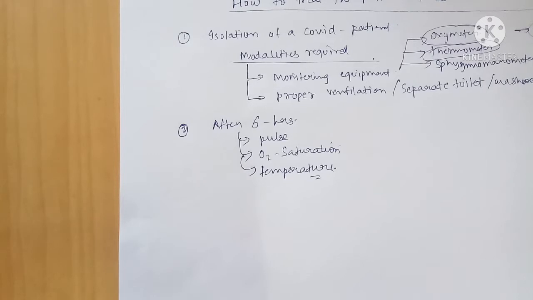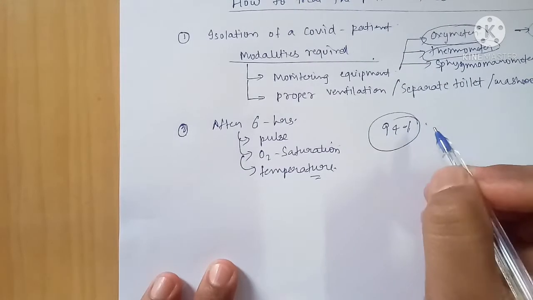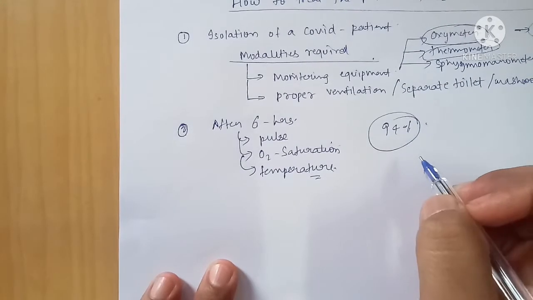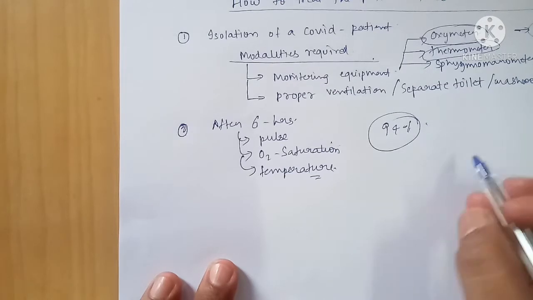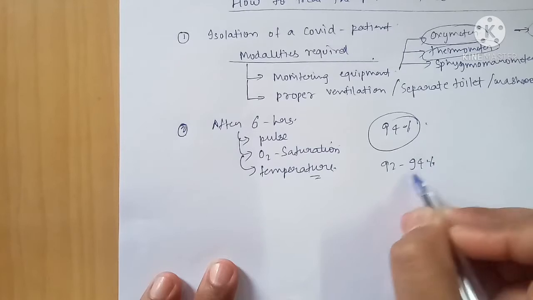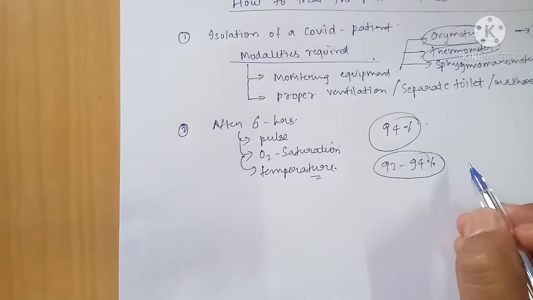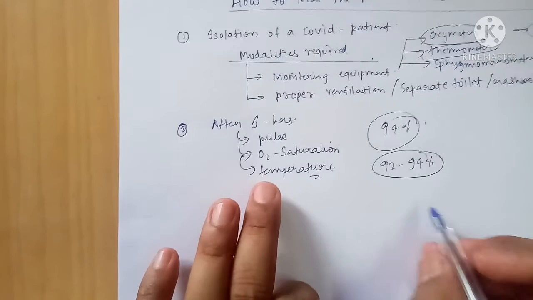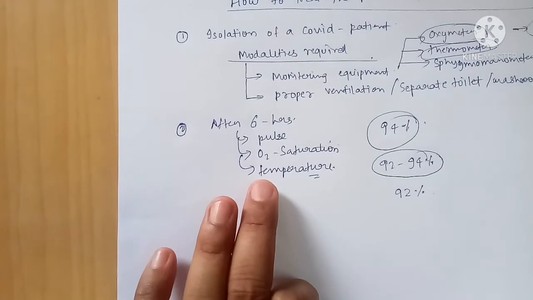The normal range of oxygen saturation is more than 94%. More than 94% is good enough. Try to maintain this with proper medication, and the patient will recover. If the oxygen saturation is 92 to 94%, this is even good. But if the oxygen saturation falls below 92%, this is not good.